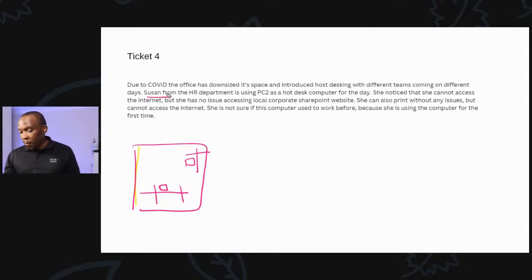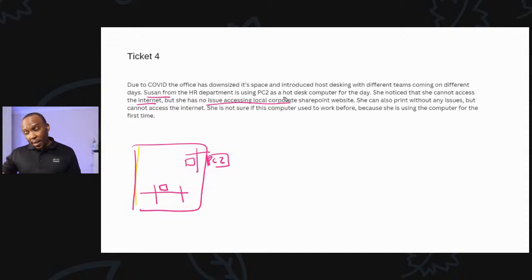Susan from the HR department is using PC number 2 as a hot desk for the day. She noticed that she cannot access the internet, but she has no issue accessing the local corporate SharePoint site.